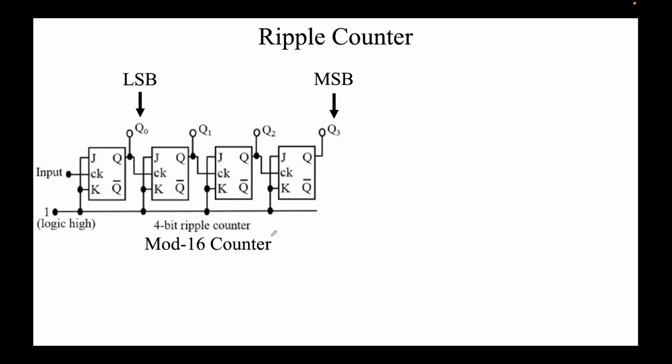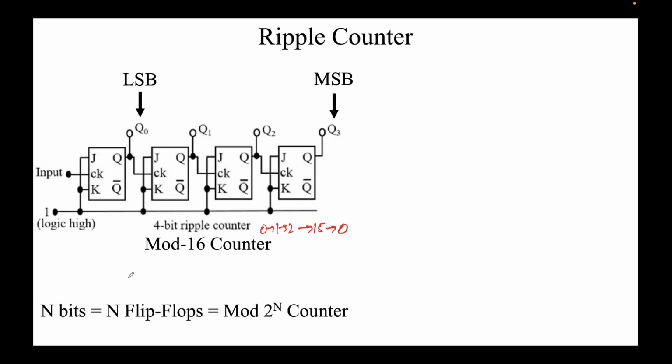This is also referred to sometimes as a mod 16 counter. Why mod 16 counter? Because this counter will count from 0, 1, 2 and up to 15, and then again it will be 0. Mod stands for modulo. So when you take the remainder of 16, it will be anything between 0 and 15, hence the name mod 16 counter.